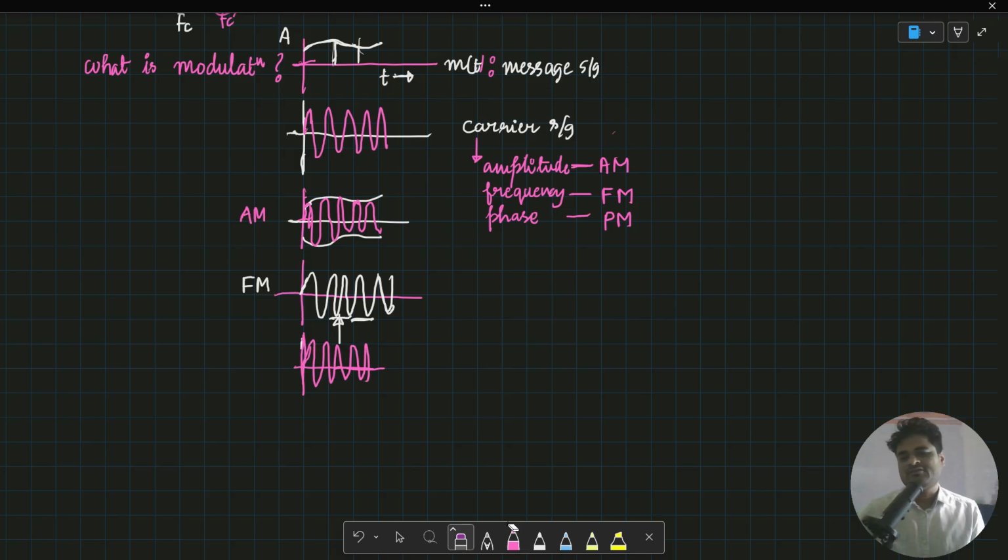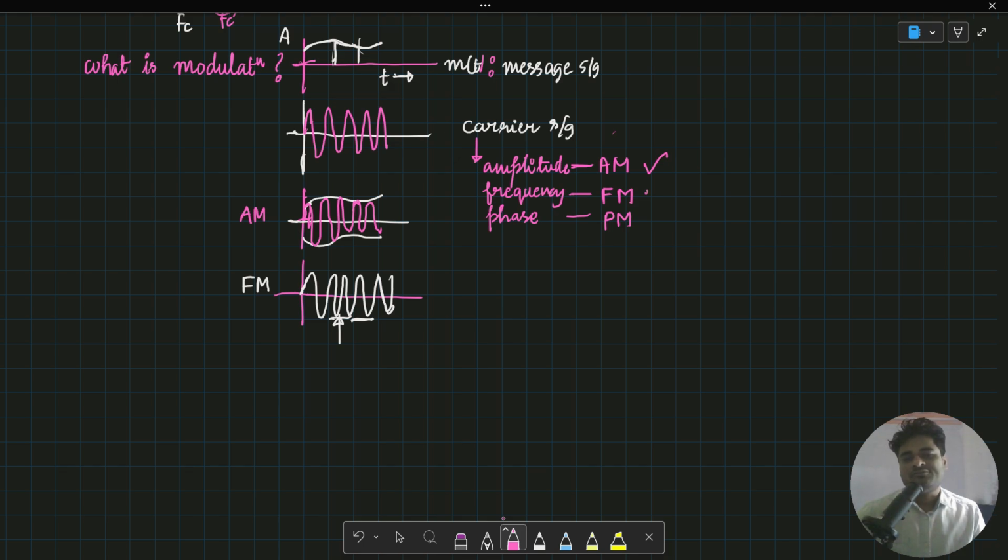So you understand what I'm trying to say: modulation is simply that our carrier signal amplitude is changed according to the message signal, then it's called amplitude modulation. And if its frequency is changed according to our message signal, then that kind of modulation is called frequency modulation. Modulation is simply change.